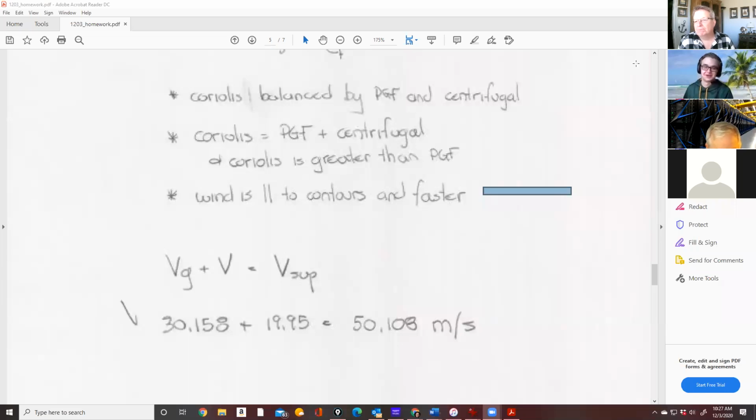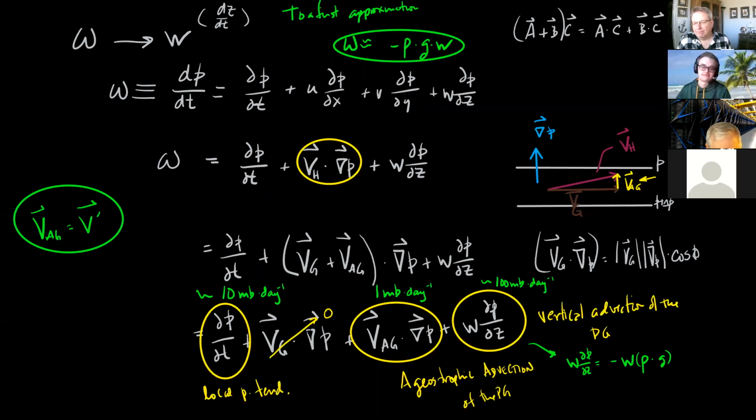Well, in any case, make sure you know the difference. Gotcha. But what I'm saying is that omega is about minus rho g times w. Rho is going to be 1.25, g is going to be 10.